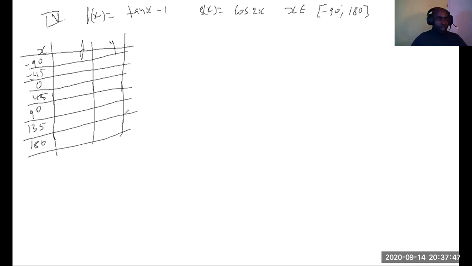Now I can bring this into my calculator. Here I've got tan x minus 1.